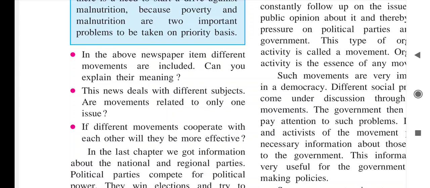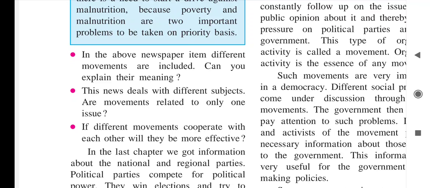So, see, students, first, they have raised the problem of child marriage. For the child marriage issue, many workers, means social workers, have participated in the movement to stop this from our society.